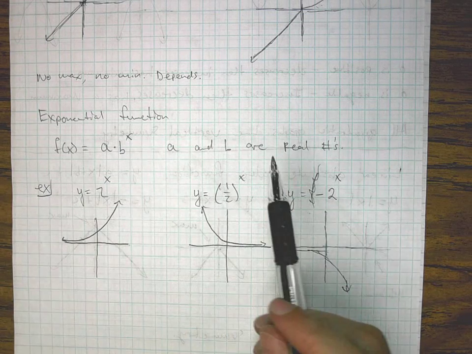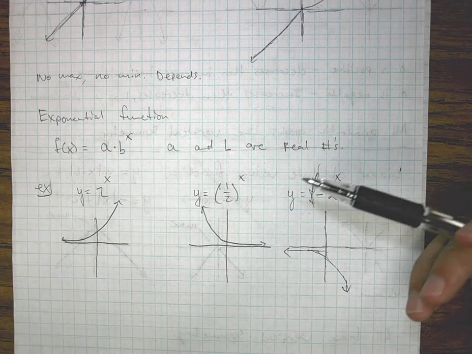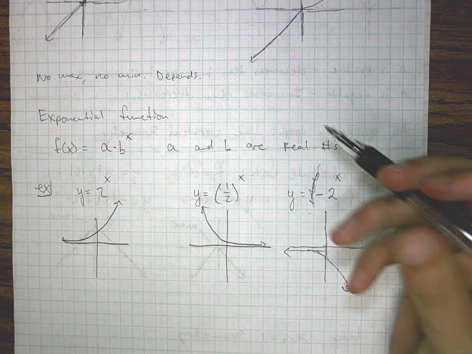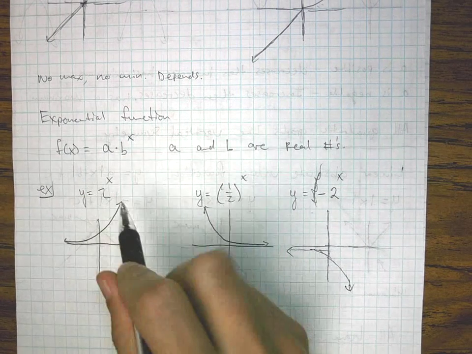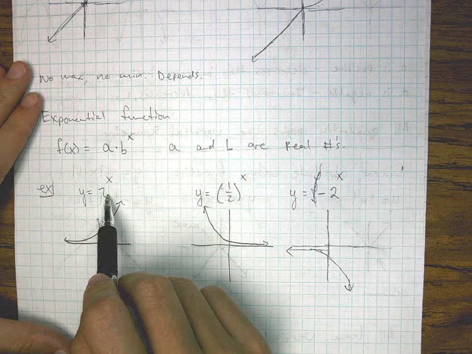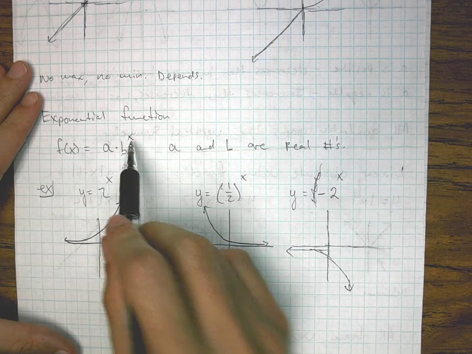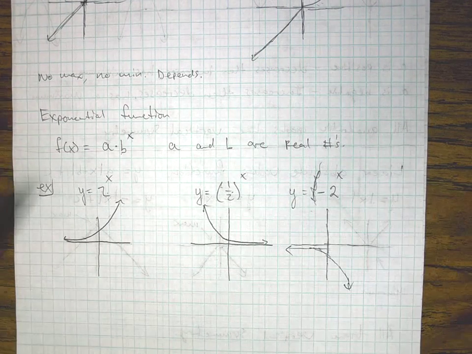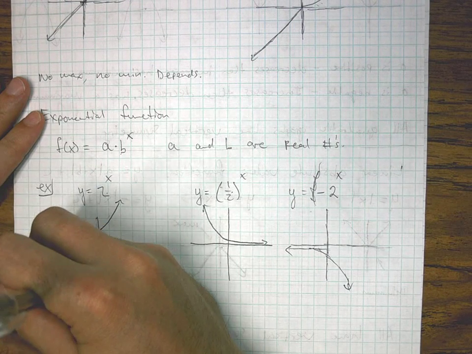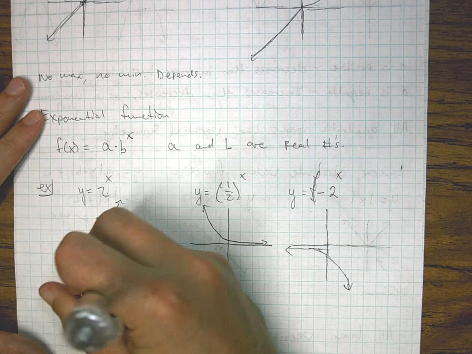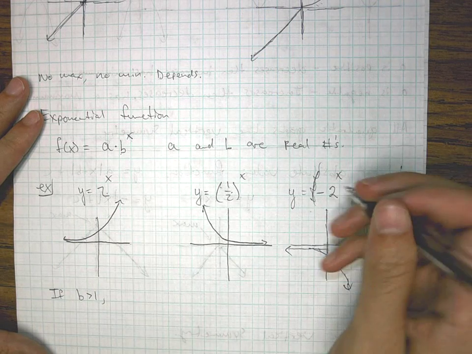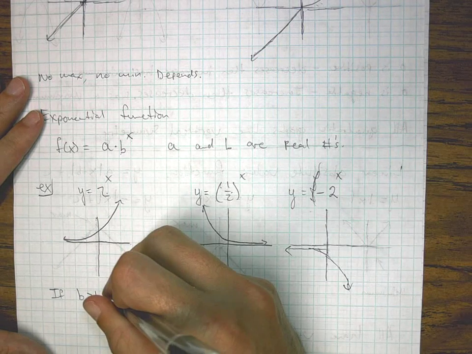Okay. But I mean, it kind of depends. It takes a perfect mixture to make things increasing or decreasing. So for example, this is a case where b is greater than 1. b has the x attached to it. See, this is b, it has the x attached to it. Okay. If b is greater than 1, it is increasing.